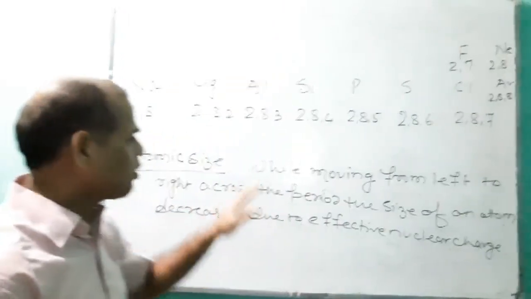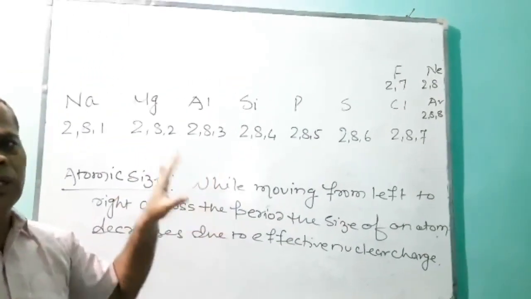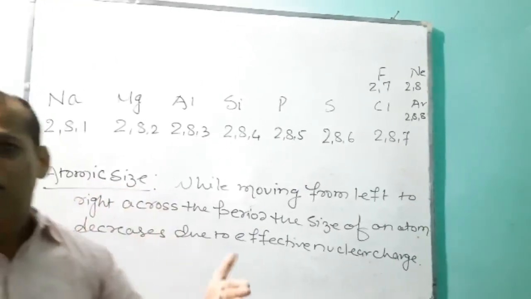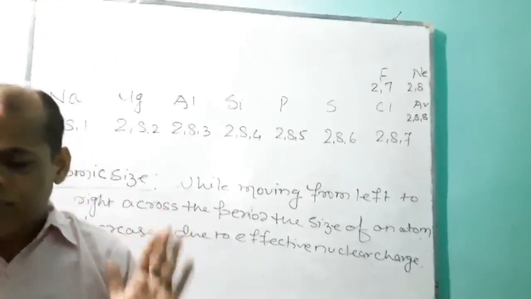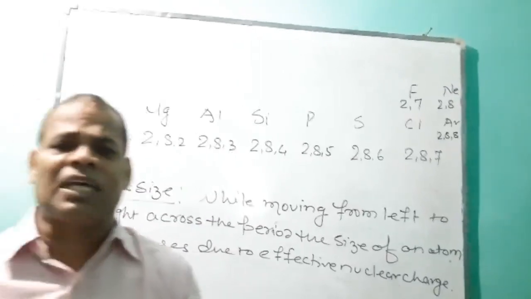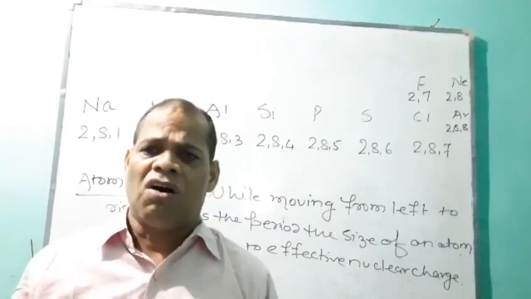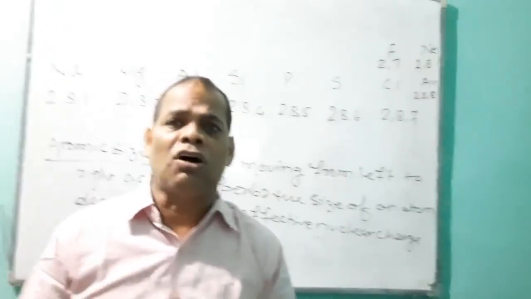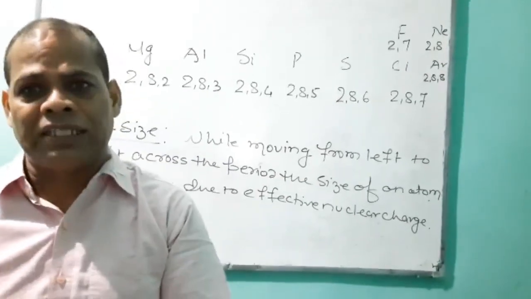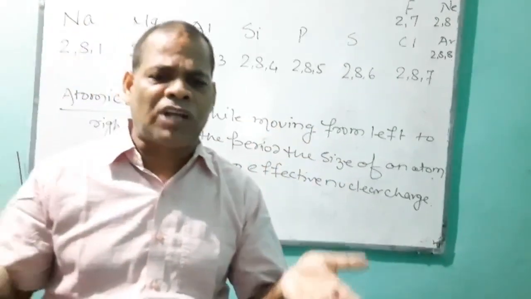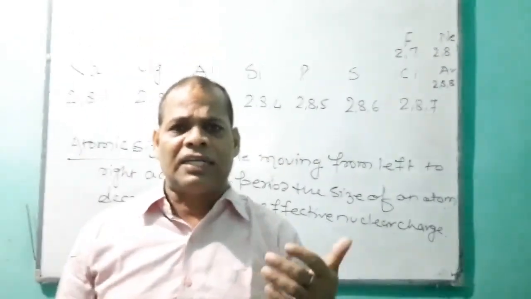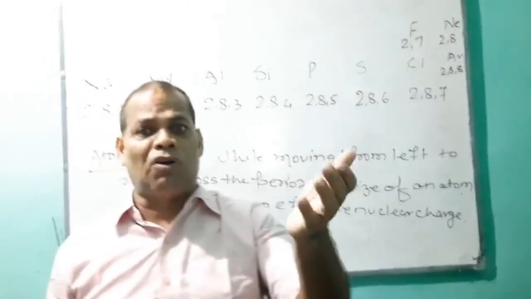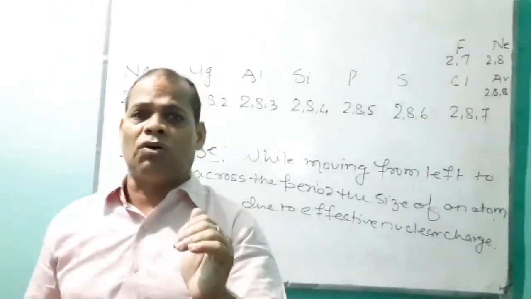So this is one of the most important factors, because the physical properties as well as chemical properties of an element depend on atomic size. Many times we have discussed the tendency of losing electrons or gaining electrons.